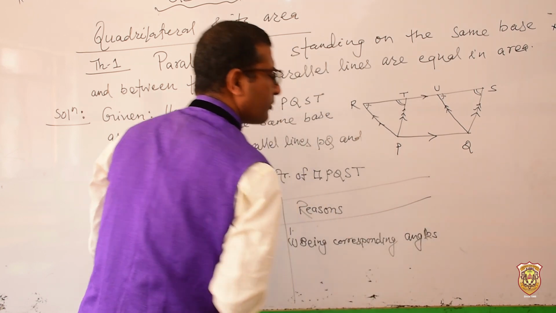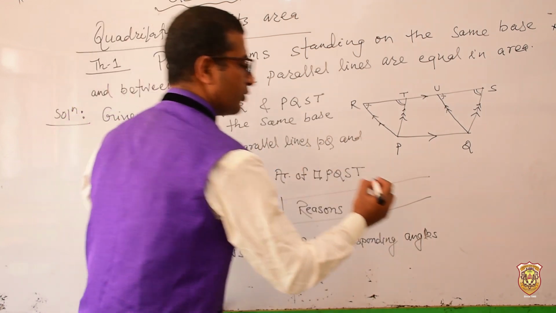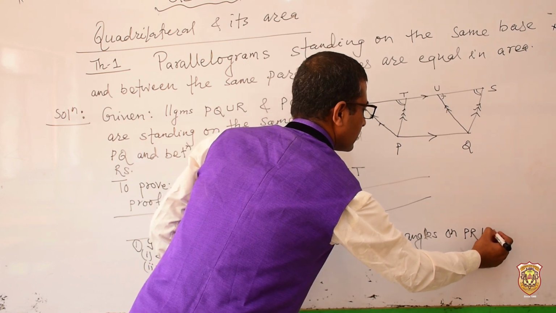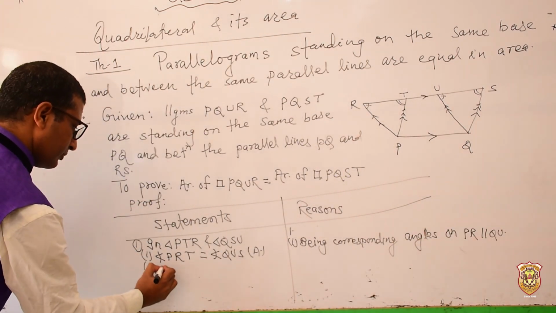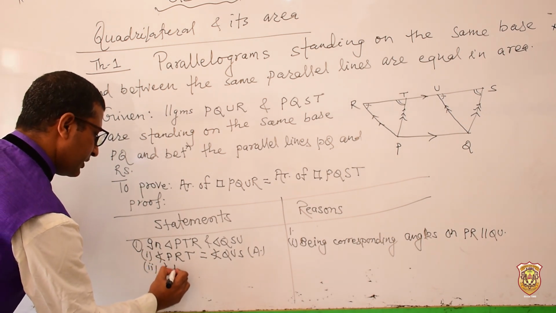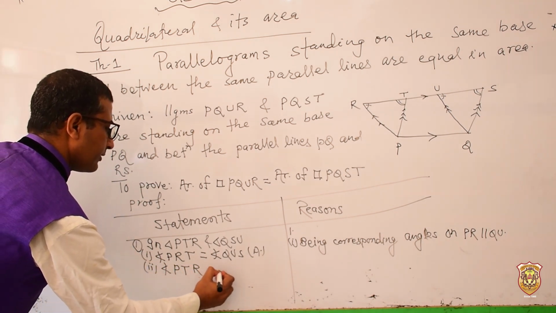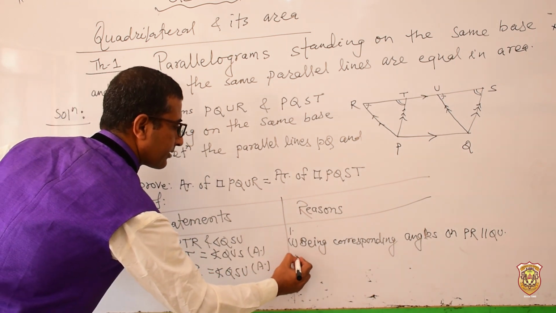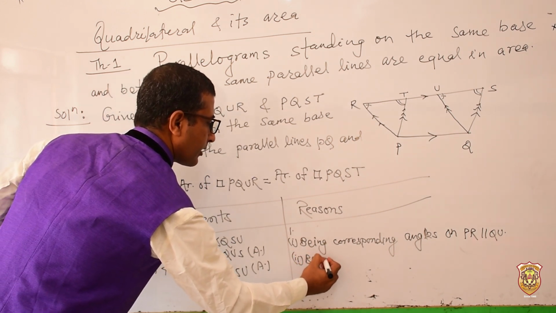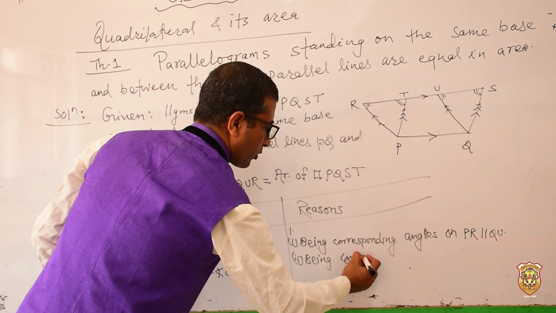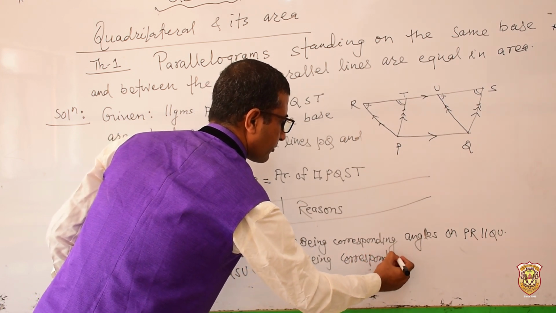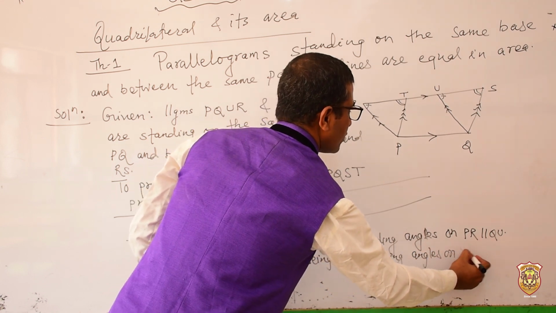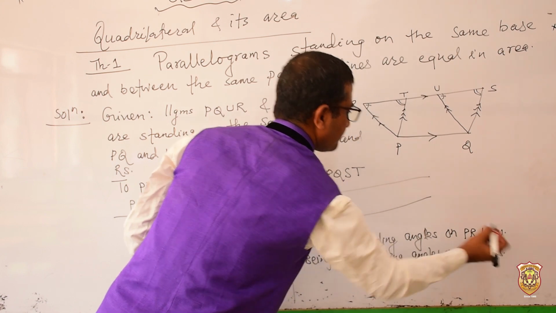We can write the reason of that, but it will be better if you write on which line: PR parallel with QU. Again, angle PTR is equal with angle QSU. That's the same reason, being corresponding angles on line PT parallel to QS.